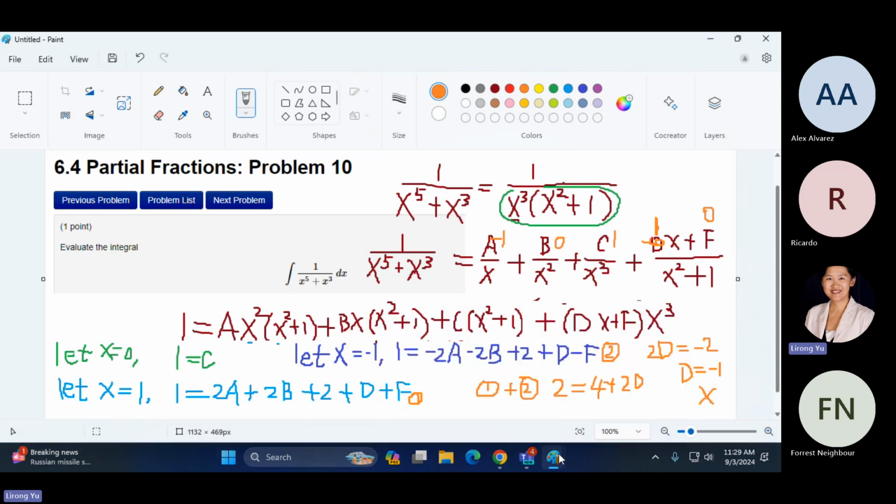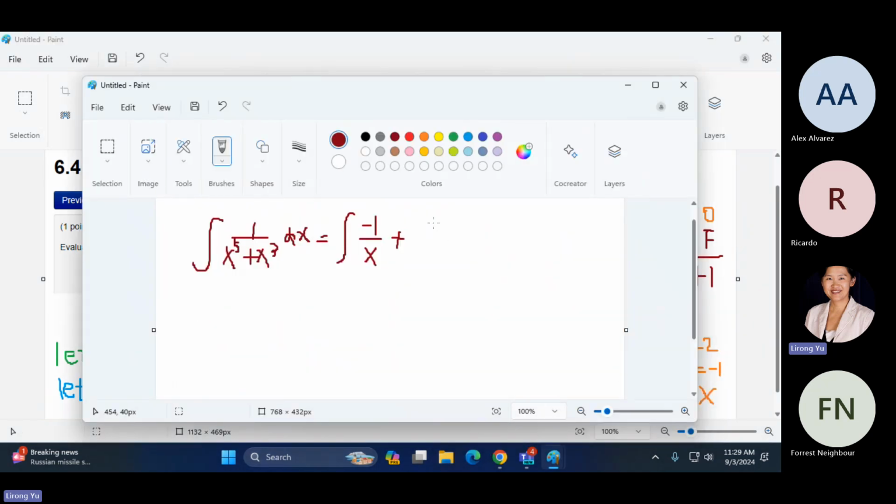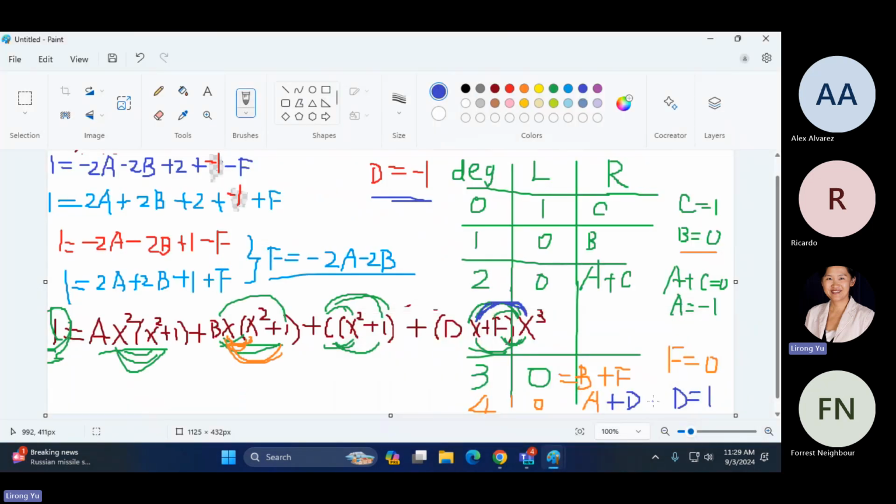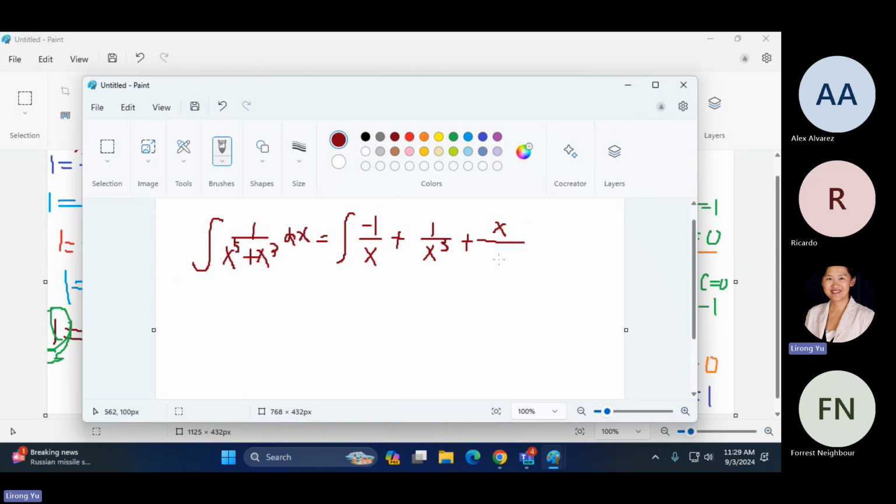C is equal to 1, so then it's 1 over x cubed. Plus the last one is x. The coefficient we calculated over here is 0, so we don't have that term. This is x squared plus 1.